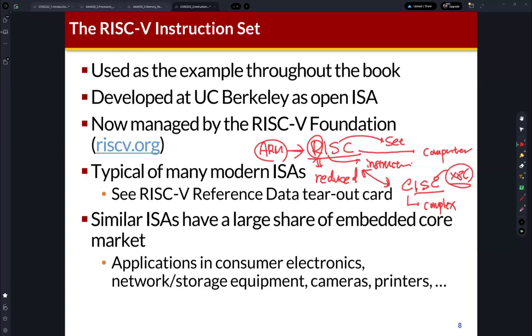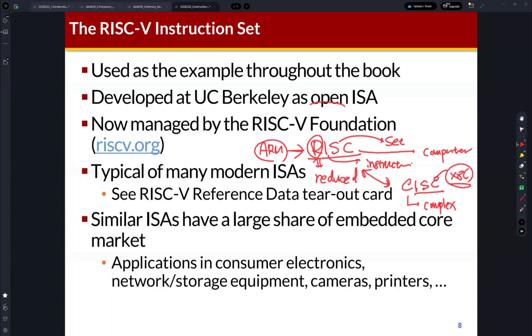What is an open source ISA? x86 and ARM are not open sourced, which means that in order to use the x86 or ARM ISA, companies need to pay royalties.